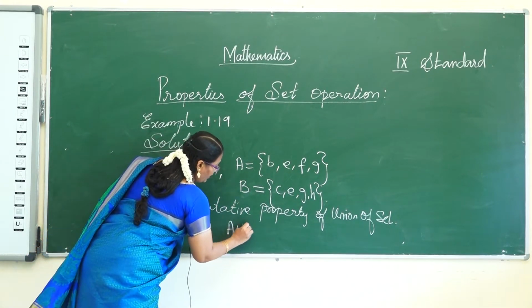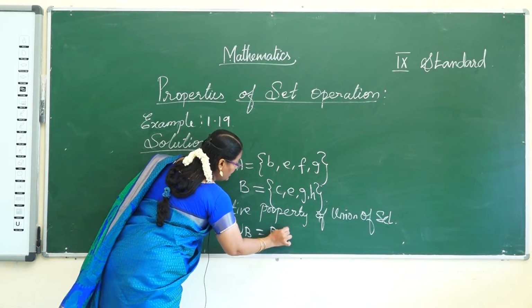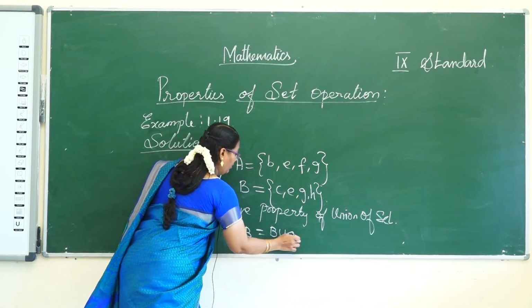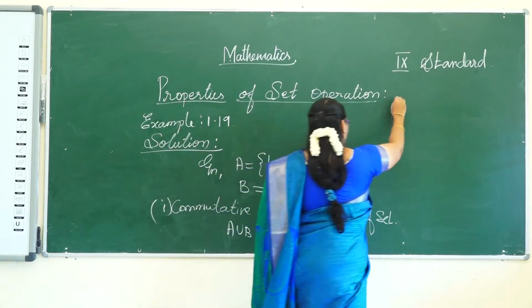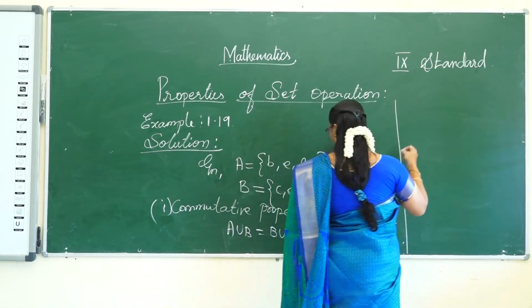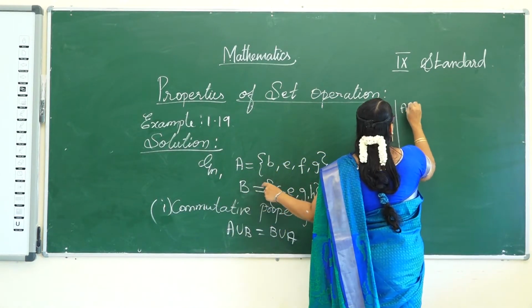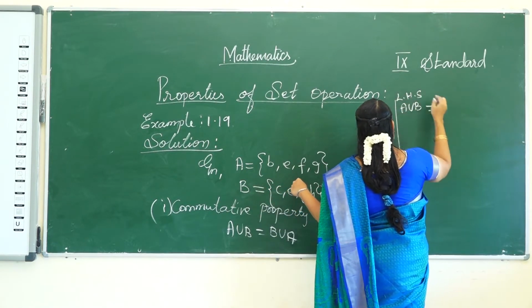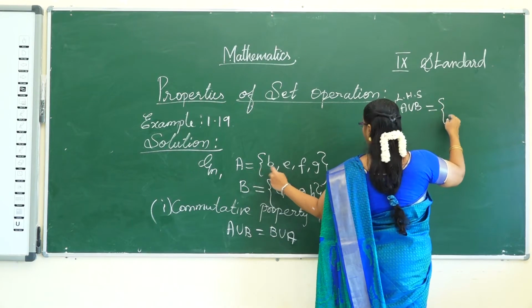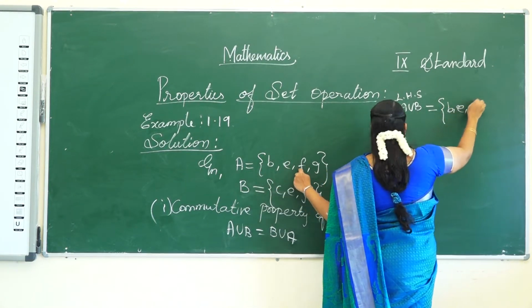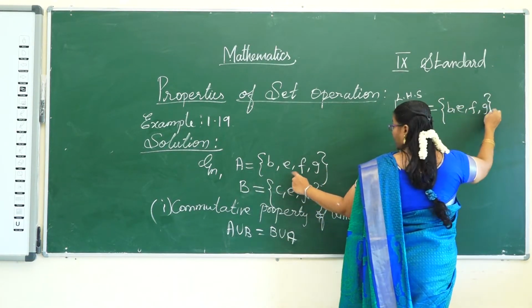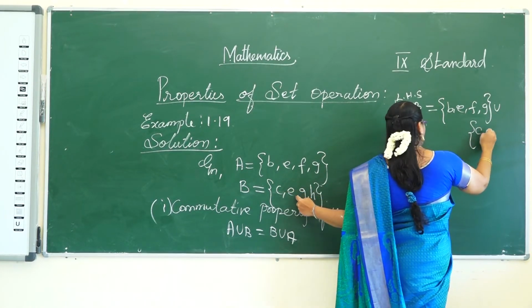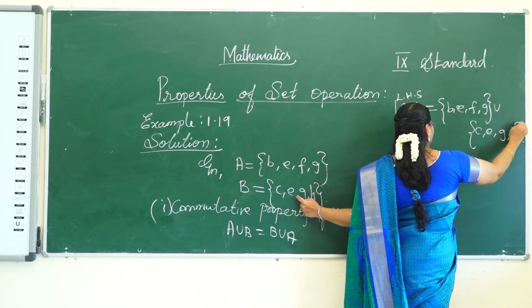A union B is equal to B union A. The left hand side, A union B: the elements in set A are b, e, f, g, union c, e, g, h.